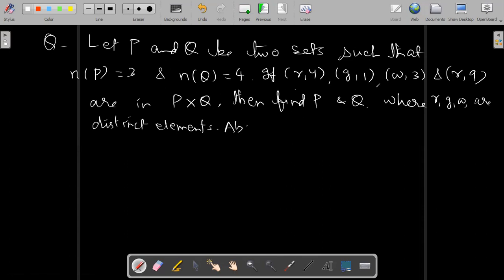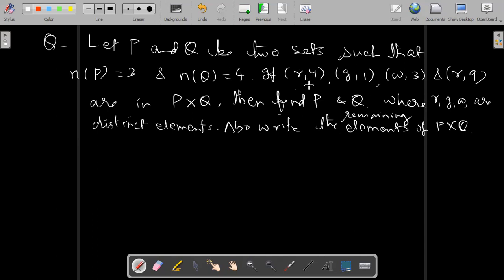And also write the remaining elements of P cross Q. This means these are not all the elements. We have to write the remaining elements of P cross Q. This we have to find out.